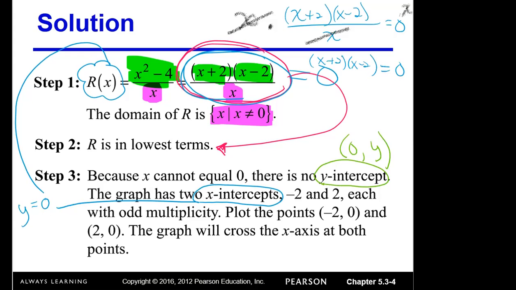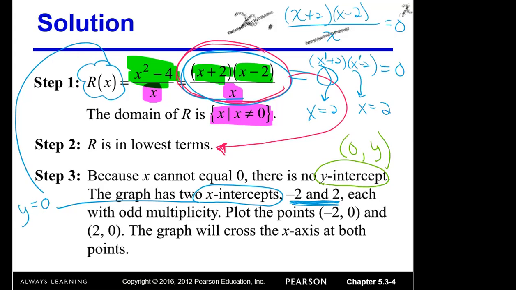And then all you have to do is look at that and you're like, okay, this x-intercept would have to be positive 2, and this x-intercept would have to be negative 2, which is what they said right here, negative 2 and positive 2. That's how they got it. And they each have an odd multiplicity because this is x plus 2 to the first and x minus 2 to the first.